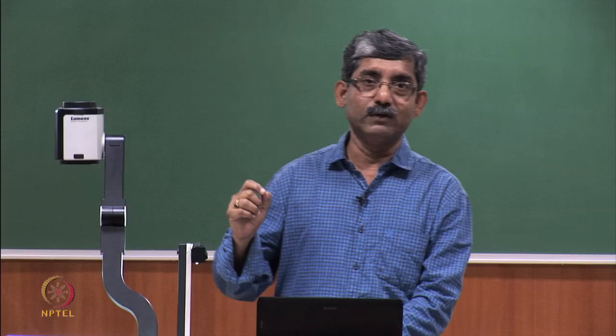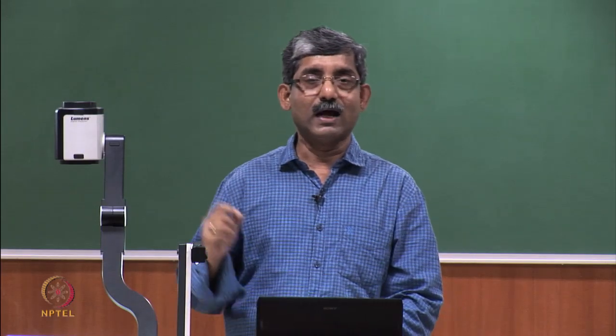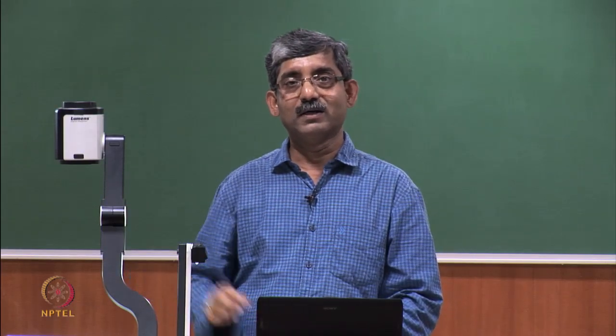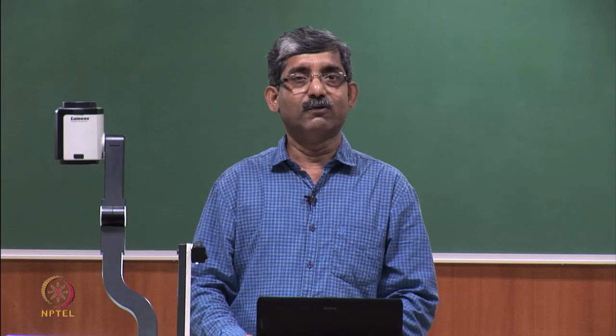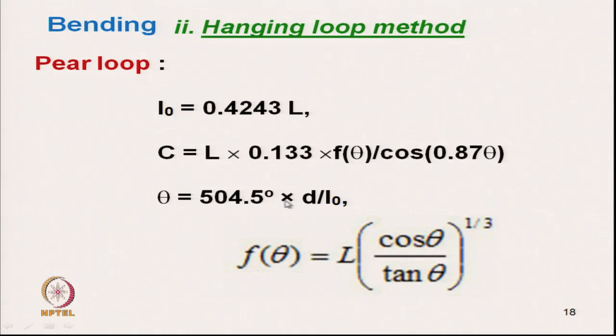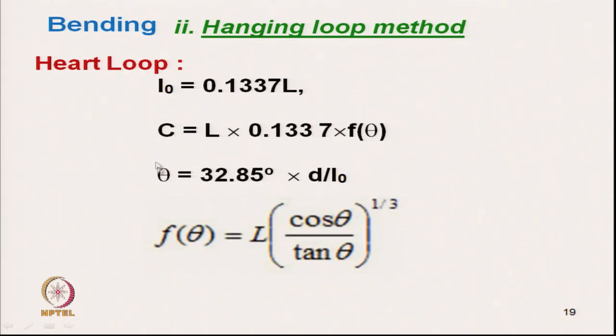If we know the deflection value, as mentioned in the last class, we can calculate the bending length. Similarly, for the pear loop, if we know only the deflection, and the function of theta is the same, then we can calculate the bending length. Similarly for the heart loop, using this formula.